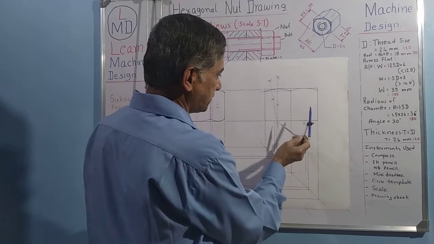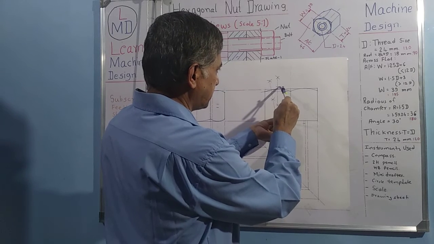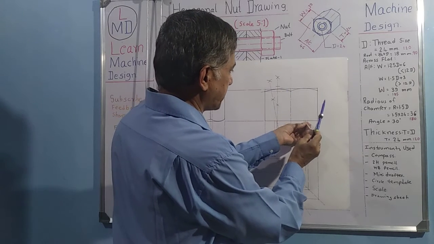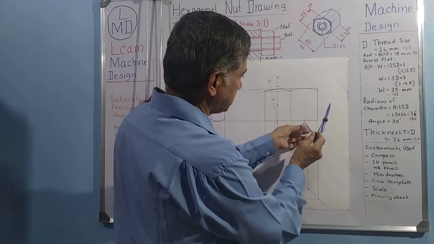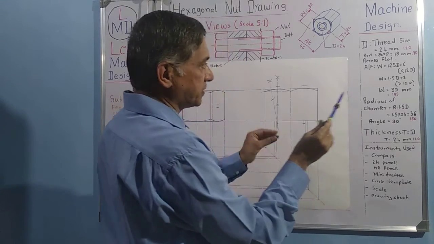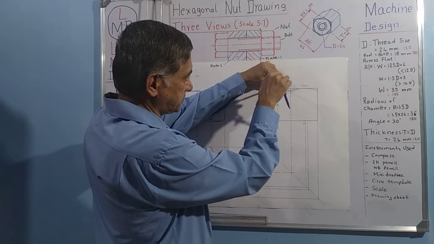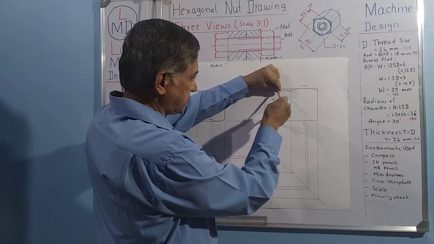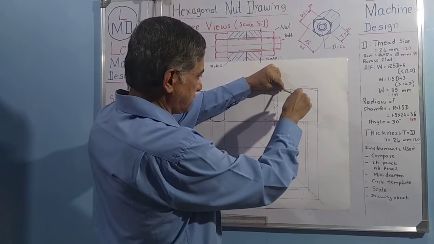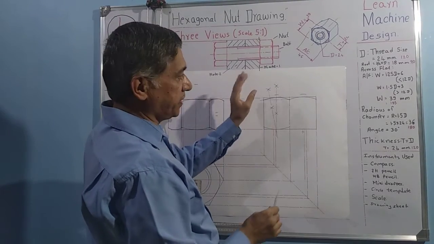this as a middle, and take and mark it here. And similar way we have to mark it here also, middle, reverse this compass, then take this as a point, write it like this. Now bottom side radius also ready.